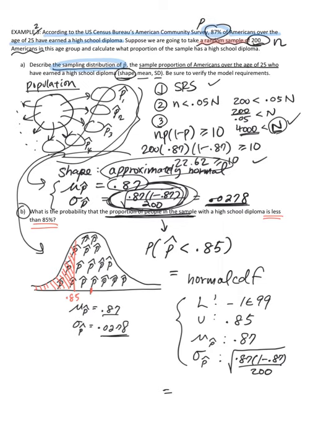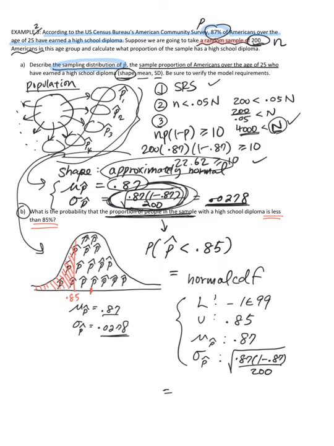So let me grab my calculator. It's normal CDF, negative 1e99, 0.85, 0.87, and the square root of 0.87 times 1 minus 0.87 divided by 200.